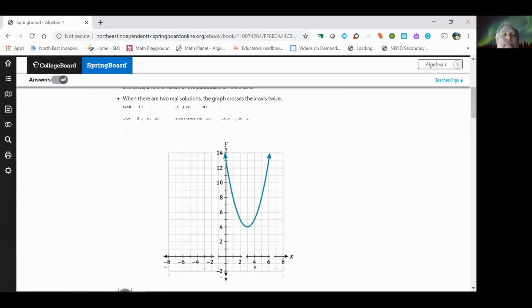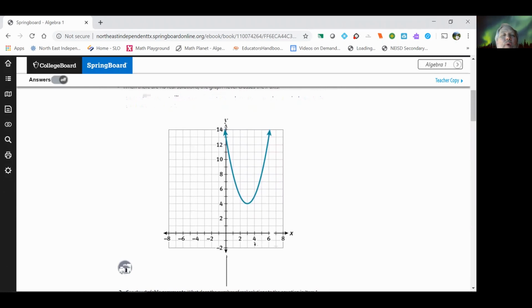Item 1. Graph the function y equals x squared minus 6x plus 13. Use the graph to determine the number of real solutions to the equation x squared minus 6x plus 13 equals 0. Now in my book here, the graph is already there, but let's talk about how we got this graph.